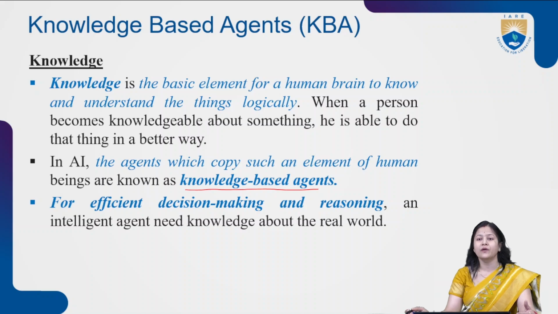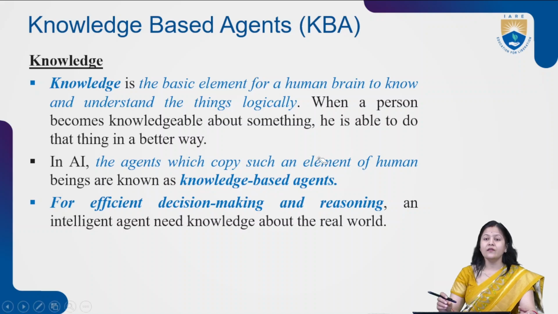That is why a robot can behave and move like a human being and can perform operations like a human being. For efficient decision making and reasoning, an intelligent agent needs knowledge about the real world. Knowledge-based agents are required for taking decisions, understanding knowledge, and deriving conclusions or goals. That is why they are required in the real world.